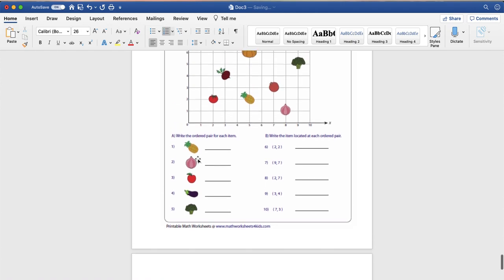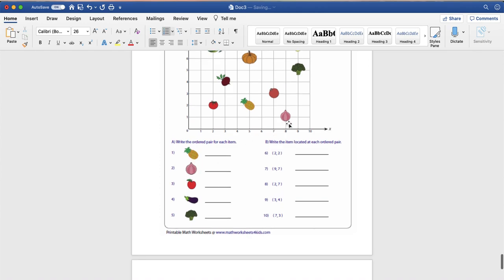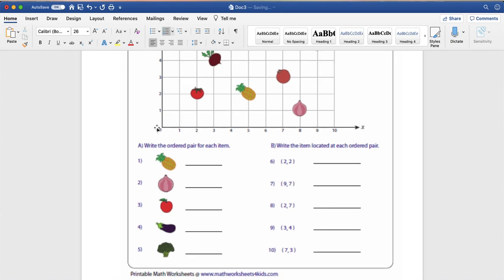Now I'm looking for my next item, and that's over here. Remember, I always start off at my home base. First I need to see, how far am I running? 1, 2, 3, 4, 5, 6, 7, 8.